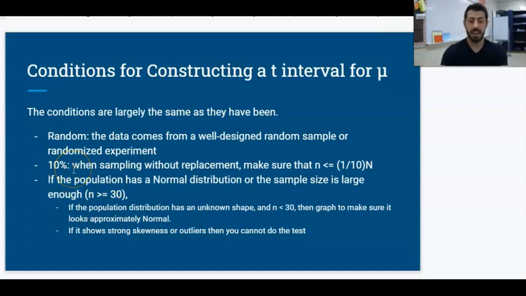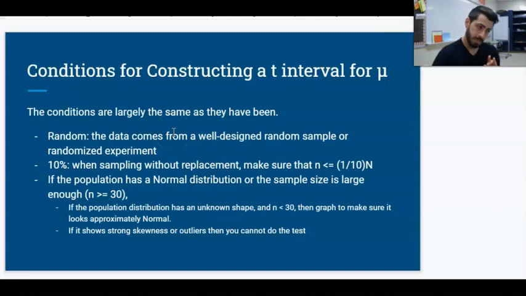Now, the large counts rule changes just a little bit compared to what we're used to, because there's some caveats, some workarounds, right? If the population is from a normal distribution, or if the sample size is large enough, basically n is greater than or equal to 30, then you can go ahead and proceed. Your large counts rule is met.